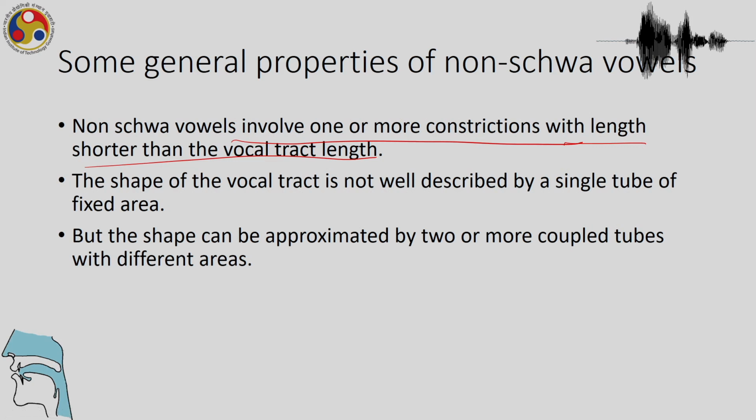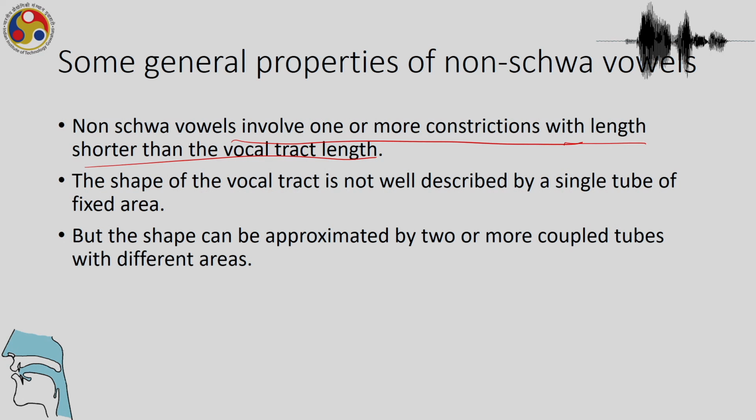Remember that to calculate the formants of the schwa, we just took into account the length of the vocal tract. What we are going to show now is that we cannot do that for all the vowels, because as we had just mentioned, for the production of the schwa we have the most neutral state of the vocal tract, and the length of the entire vocal tract can be taken into consideration for the calculation of the formants.